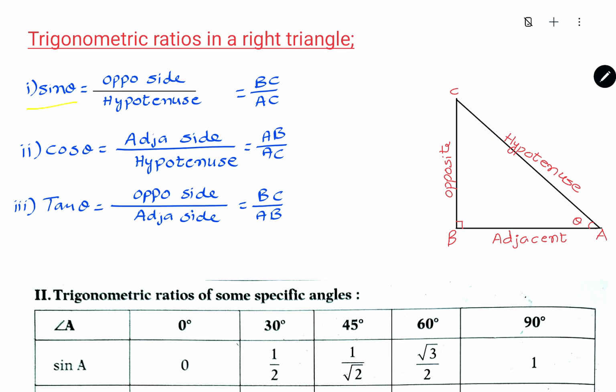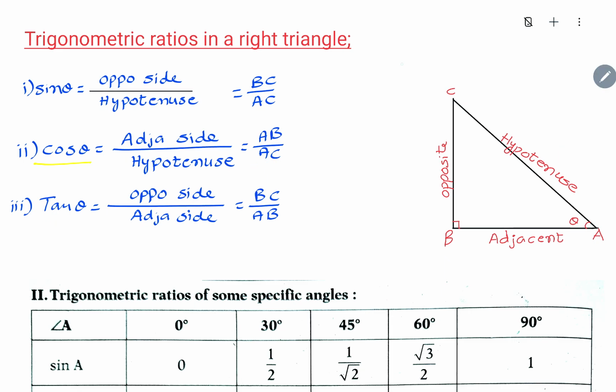Sin theta is equal to opposite side by hypotenuse. Here opposite is BC and hypotenuse is AC, so BC by AC. Now cos theta: adjacent side by hypotenuse. Here adjacent is AB and hypotenuse is AC.